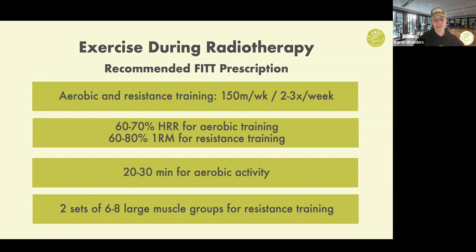And ideally, you want to see at least 2 sets of between 6 and 8 large muscle groups for resistance training. So 1 exercise for the back, 1 exercise for the chest, 1 exercise for the quads, 1 exercise for the hamstrings, making sure you're getting all the major muscle groups. And I always like to do the functional activities whenever I'm doing resistance training.